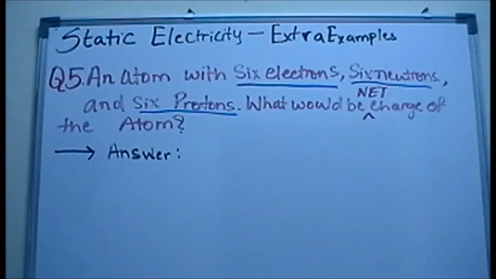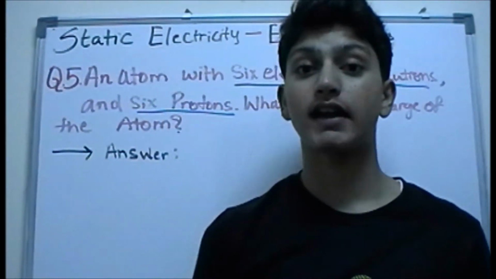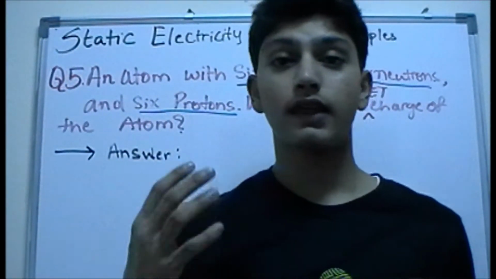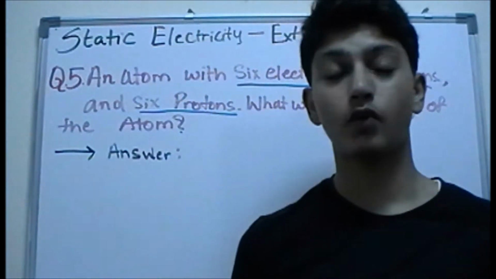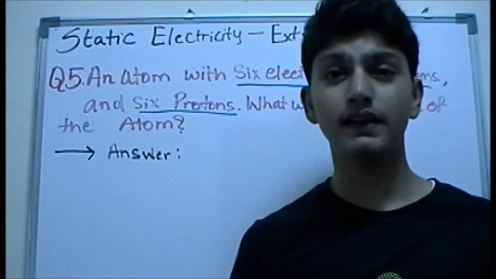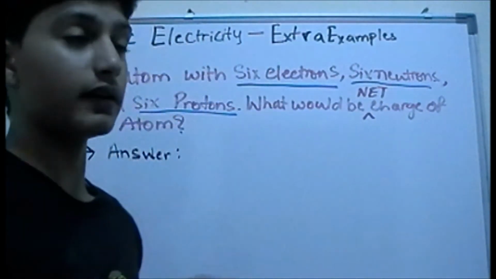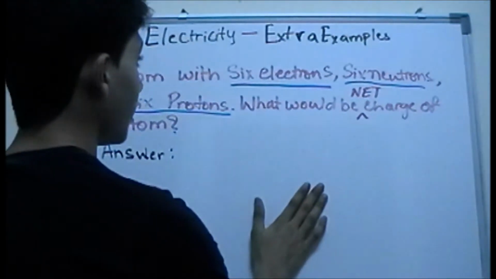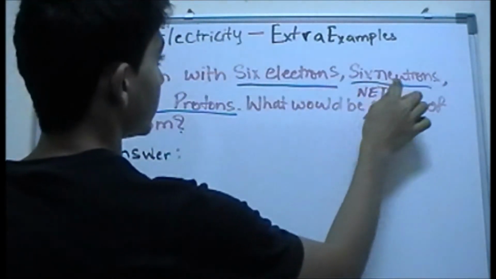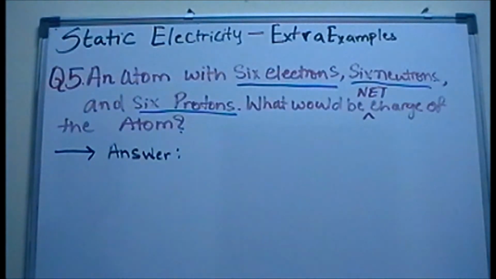The word net comes from Isaac Newton, who spoke of the net force of something, which we learned in fundamental physics. That is a different topic you can check out in my playlist, but the main idea of this question is 6 electrons, 6 neutrons, and 6 protons.